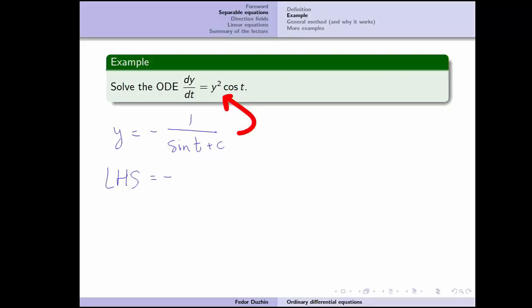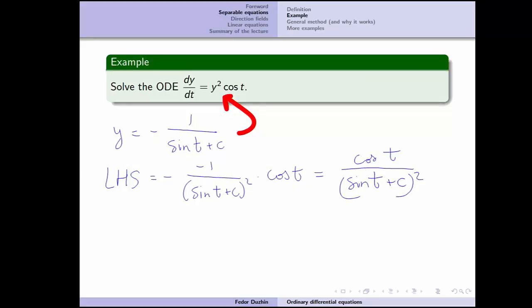When we are differentiating 1 over something, we get minus 1 over this thing squared, sine t plus c squared, multiplied by the derivative of sine t plus c, which is cosine t. So which is cosine t divided by sine t plus constant squared.